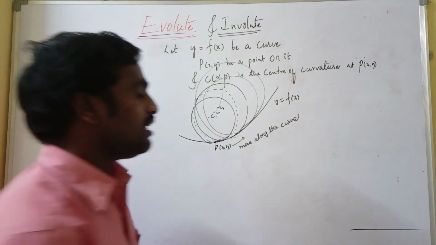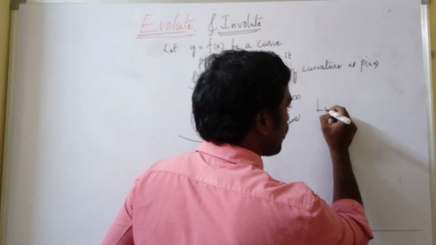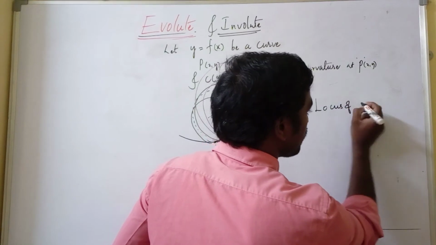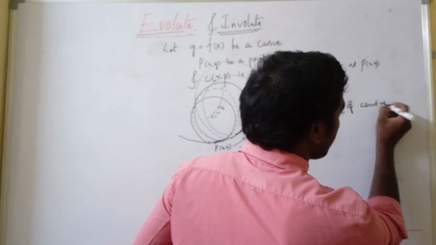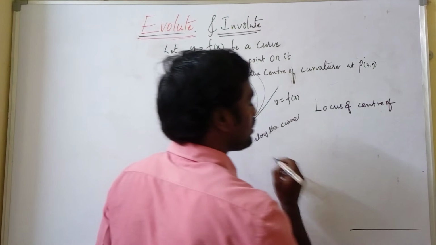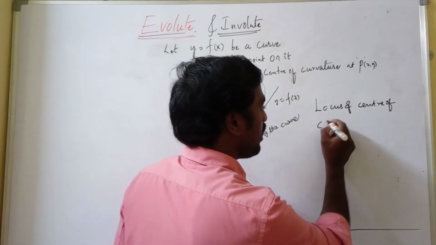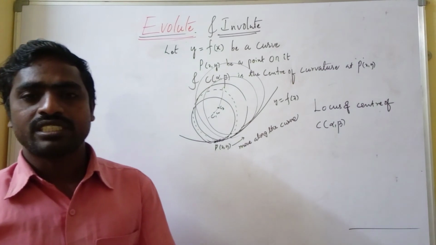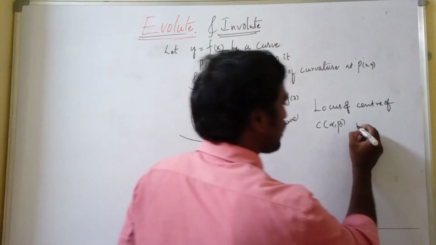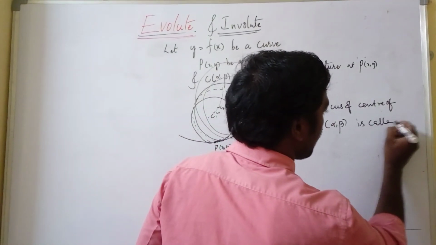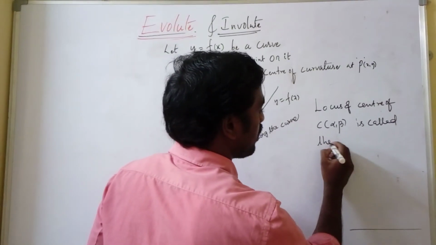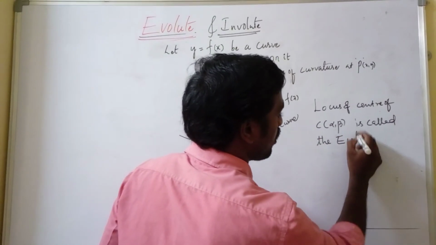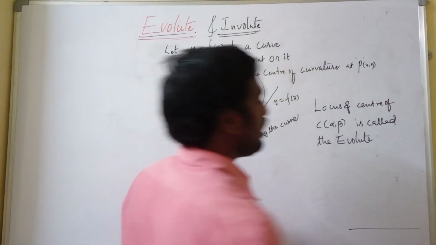So we can say the locus of the center of curvature C(alpha, beta) is called the evolute.